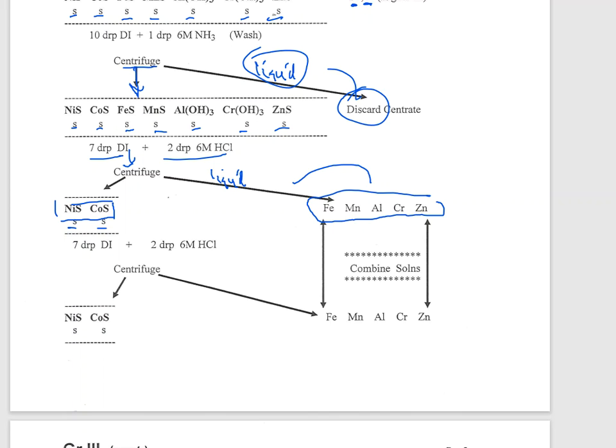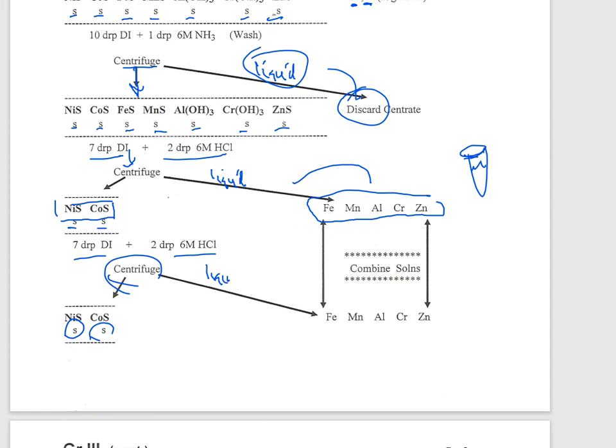Well, I'm going to take my solid. Once I pour the liquid off into a separate test tube, I'm going to have another test tube over here, right? I've got some liquid in it now. I'm going to take the solid. I'm going to add water and hydrochloric again. I'm going to centrifuge it down. I'll still be left with a precipitate. Don't really know which one is which yet.